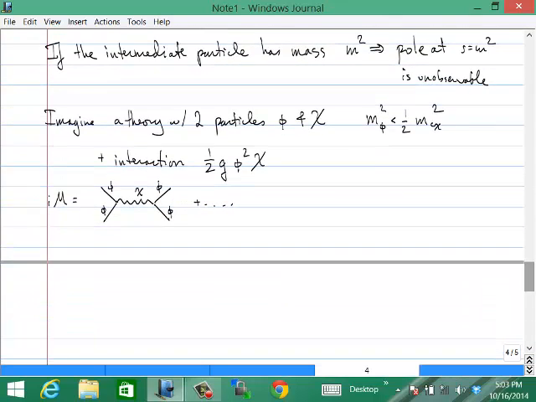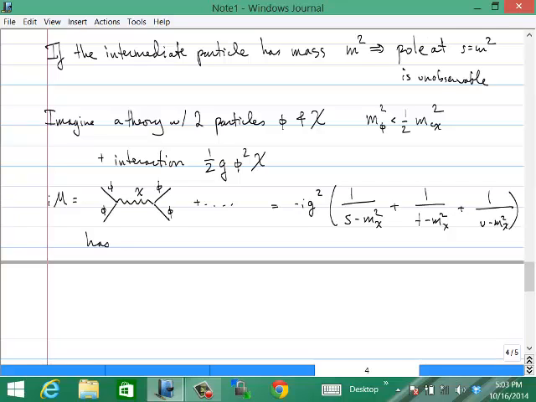Then this would lead to a scattering amplitude which would look like, well, minus ig squared times 1 over S minus m chi squared plus 1 over t minus m chi squared plus 1 over u minus m chi squared. And this now will have a pole at S equals m chi squared, which is visible.